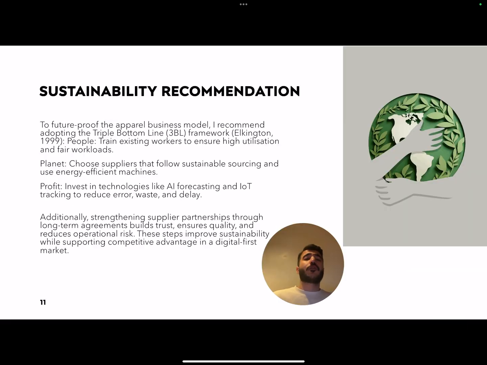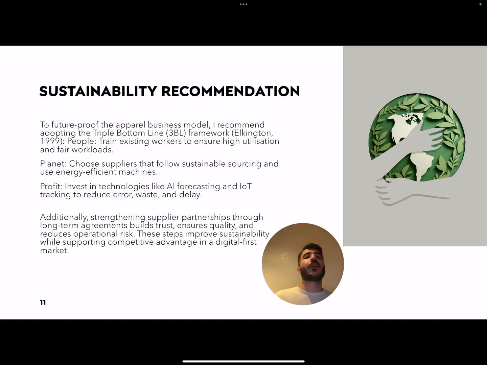And in the next slide, we're talking about the sustainability recommendation, for which I have used the triple bottom line, which was people, planet, and profit. For the people, we can train existing workers to ensure high utilization and fair workloads. For the planet, we can choose suppliers that follow sustainable sourcing and use energy efficient machines.